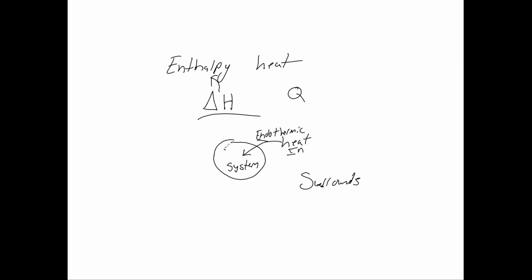So if heat's going in, Q is a positive value for my system. And that heat had to come from somewhere though. So it came from my surroundings. So it's minus Q. So let's say that my system absorbed 10 kilojoules of heat. So the amount of heat for my system is a positive 10 kilojoules. For my surroundings, it's a negative 10 kilojoules. They're equal but opposite.